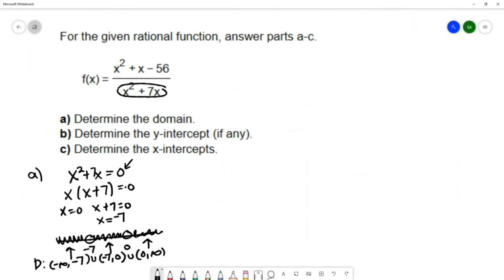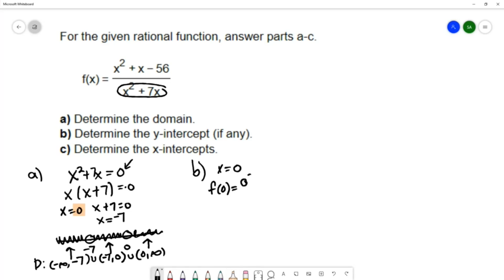Let's move on and talk about finding a y-intercept. You find a y-intercept by letting x equal 0. So that means I'm going to substitute a 0 into the function. Now keep in mind over here we already said that 0 is a restricted value. So we're going to see that this isn't going to work out.